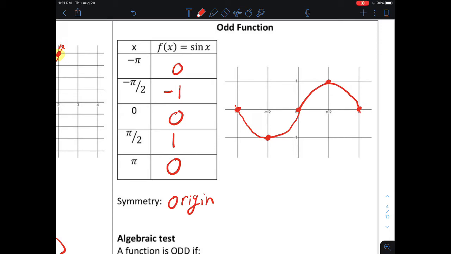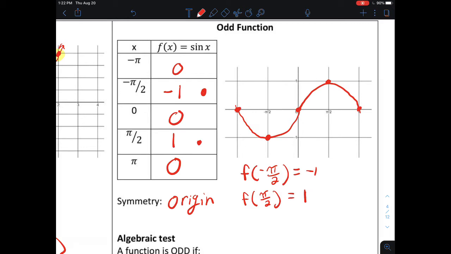Now, the algebraic test for an odd function is similar to what we just did for the even function. I'm going to pick two values here. I'll pick the table value of pi over 2, so f of negative pi over 2 is equal to -1, and f of positive pi over 2 is equal to +1.